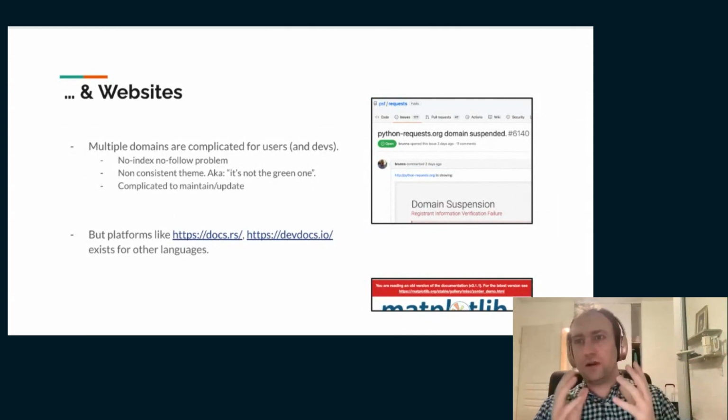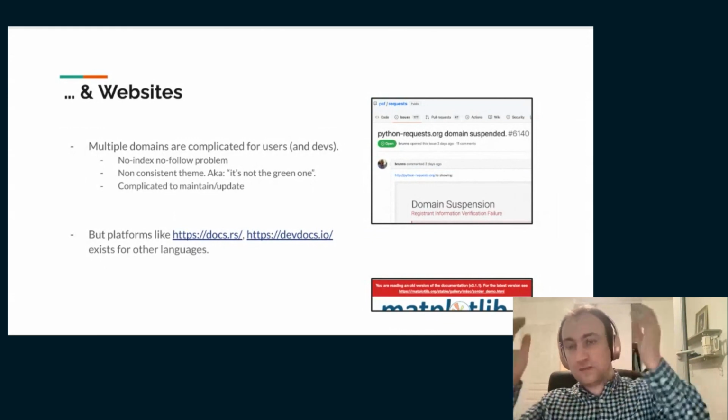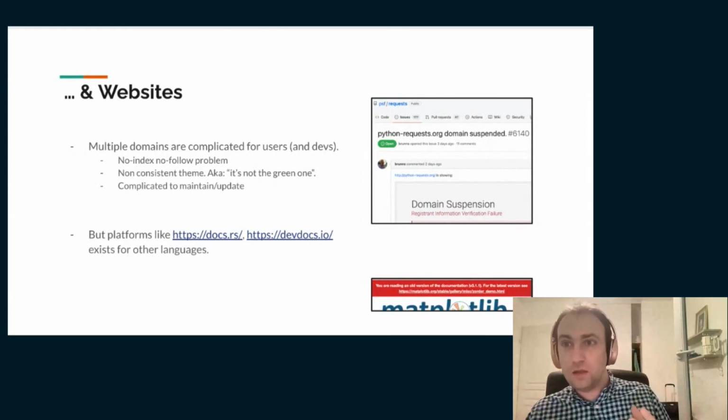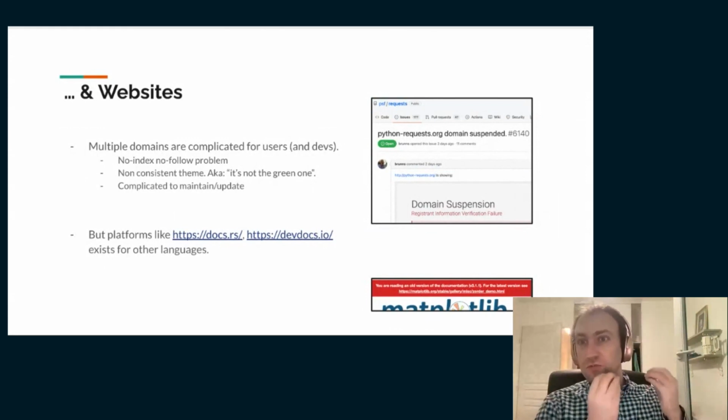And as soon as they came to another website, for example pandas.python.org, they were like, it's not the right one, it's not green, and the URL is not the same. So therefore, it's wrong. So now you have documentation spread across many domains, which confuses users as to which one is the correct one, which one is relevant.